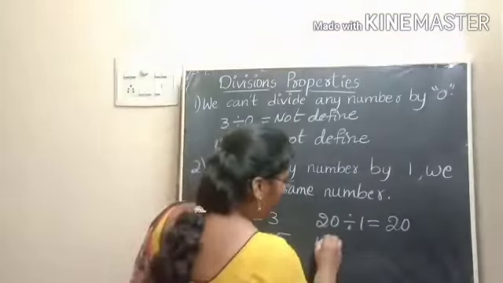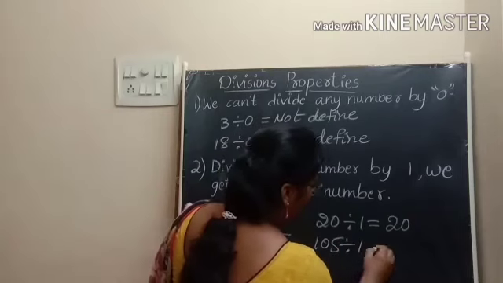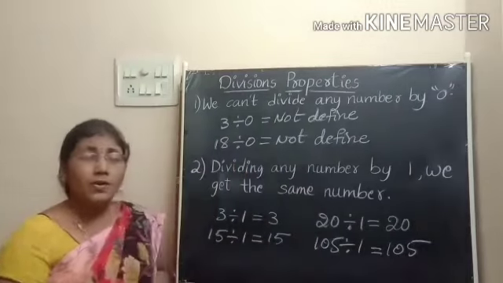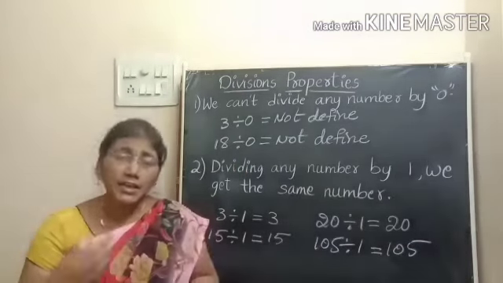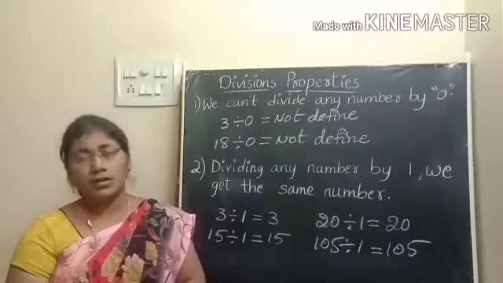Like that, 105 divided by 1 is 105 itself. So, by dividing any number with 1, we get the same number.